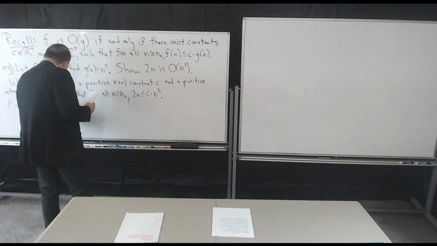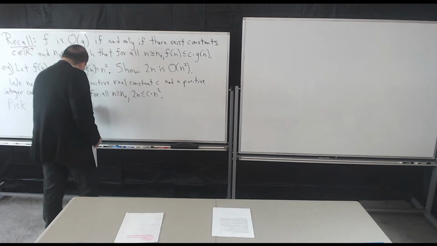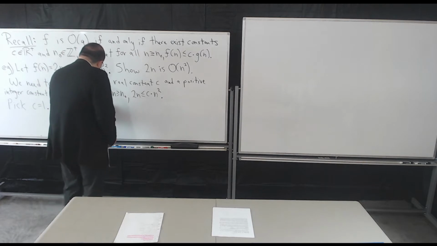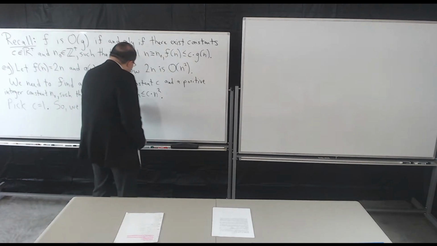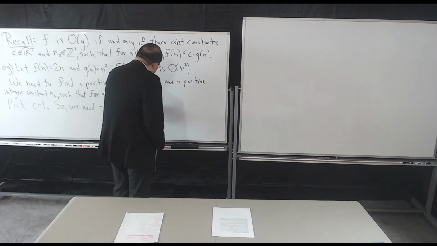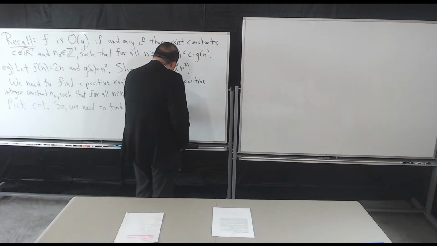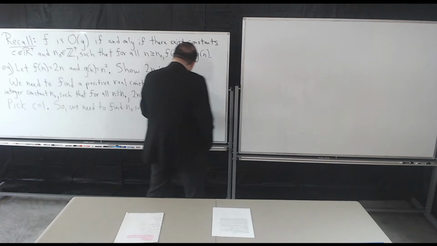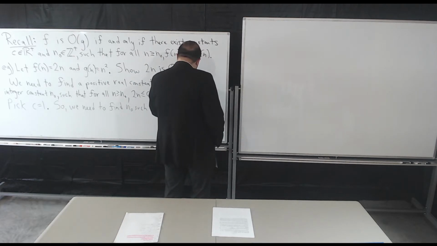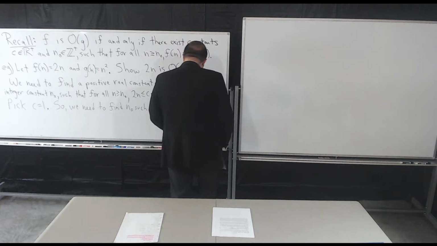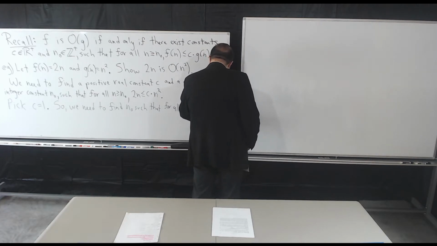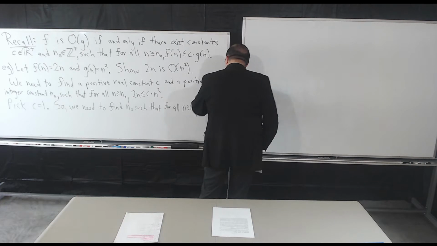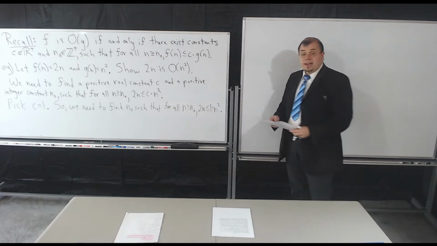So we need to find n0 such that for all n greater than or equal to n0, 2n is less than or equal to 1 times n squared, right? That's what it says. So now I just got to find n0.